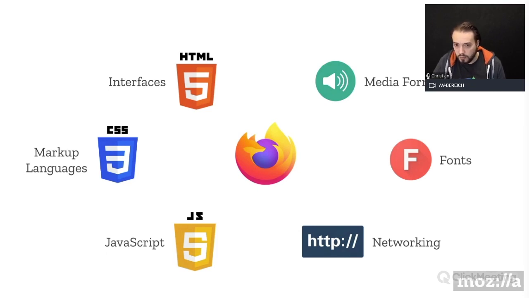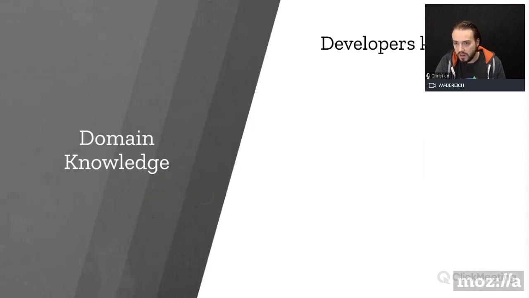Usually, there are a lot more features in a browser than people are aware of. And of course, behind each of these features, there is one or more developer teams that have domain knowledge about this particular area. And domain knowledge, in my opinion, is one of the most important parts in fuzzing, because the developers usually know how the code is architected, what the contracts are between the different components.